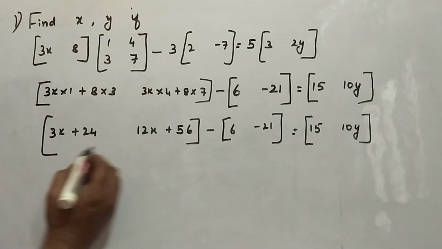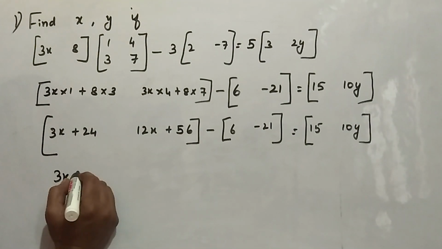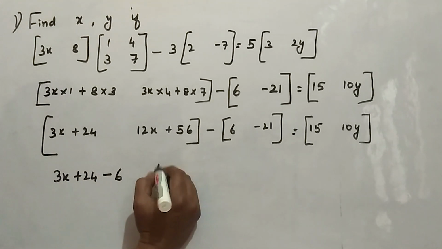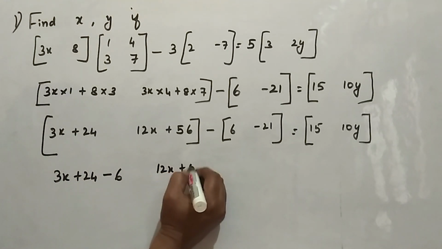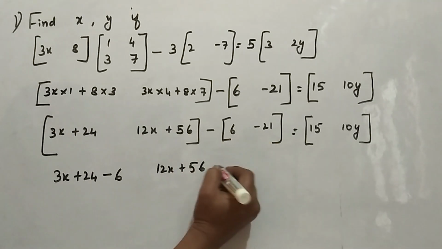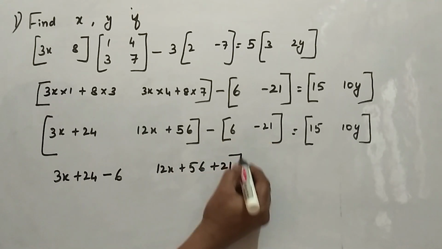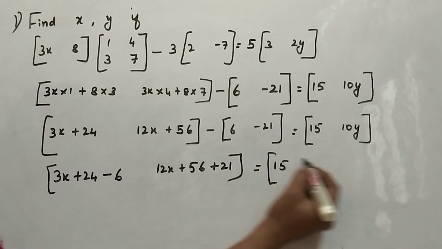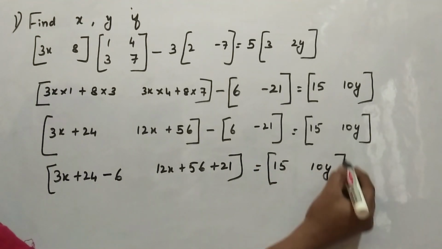Now we have 3x plus 24 minus 6, then 12x plus 56 minus into minus plus 21 is equal to 15 and 10y.